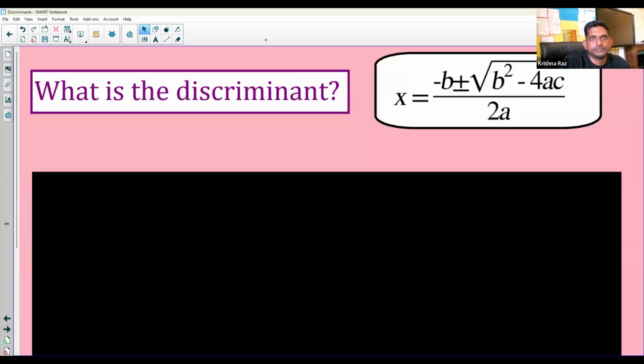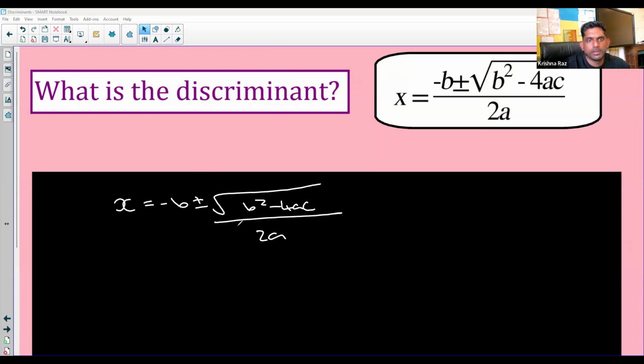It's pretty simple. If we consider the quadratic formula, then from experience, I'm hoping that you realise that when we use the quadratic formula, it messes up when this bit is less than zero.